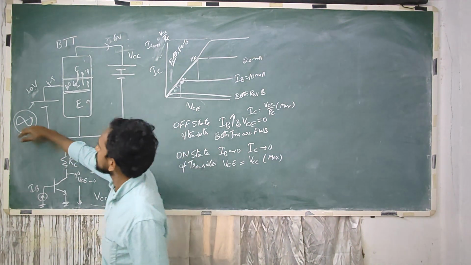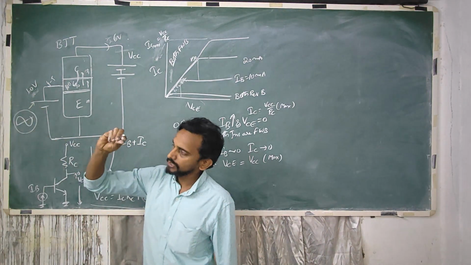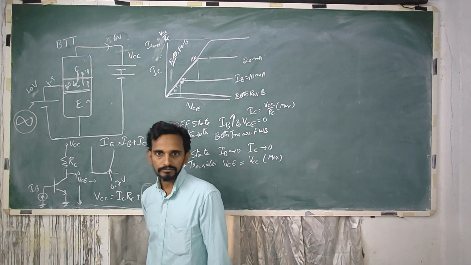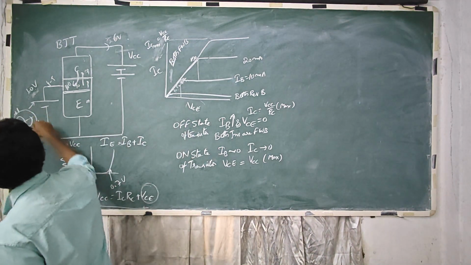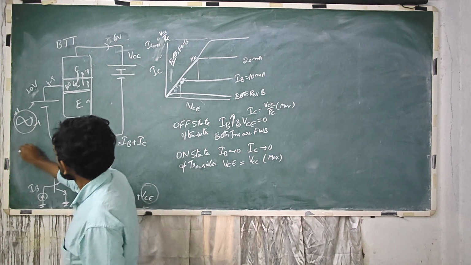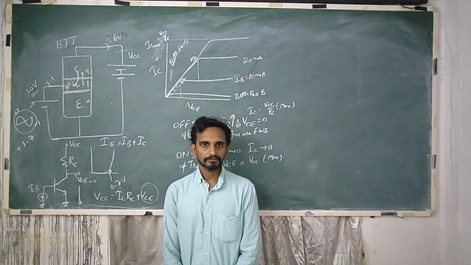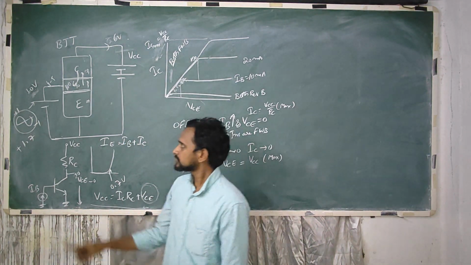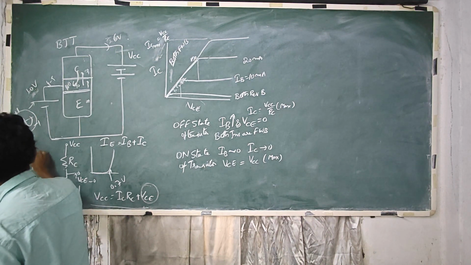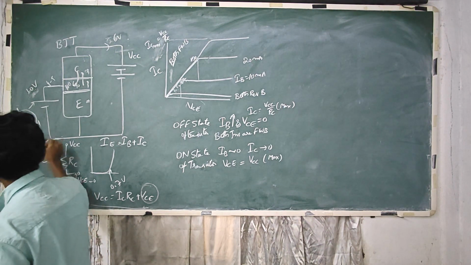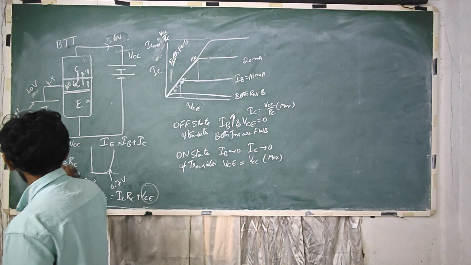So I have to push this entire signal into the positive quadrant, and also ensure it is above 0.7 volts. Let's say this is +1 and this is -1. I have to add 1.7 DC. If I add 1.7 to this signal, what do you get? Everything shifted above 0.7.